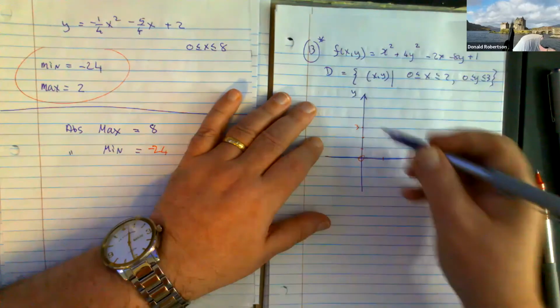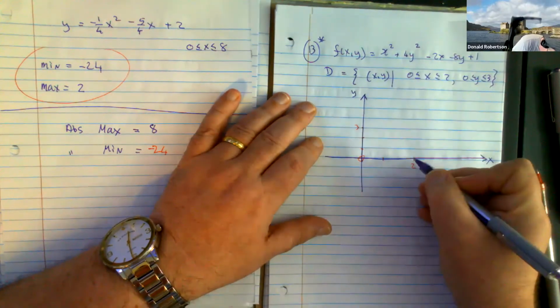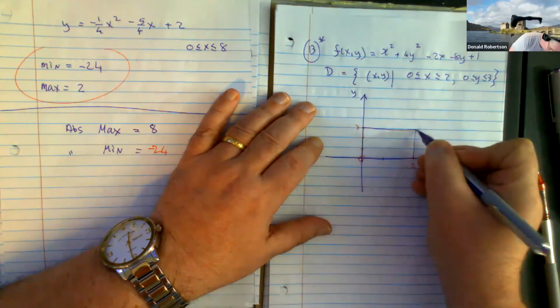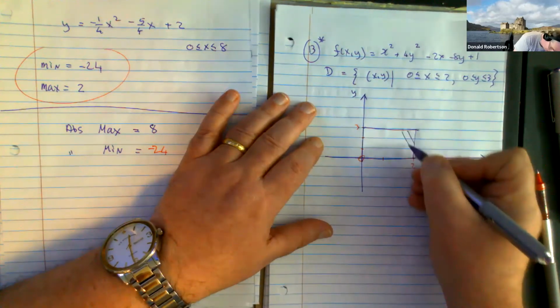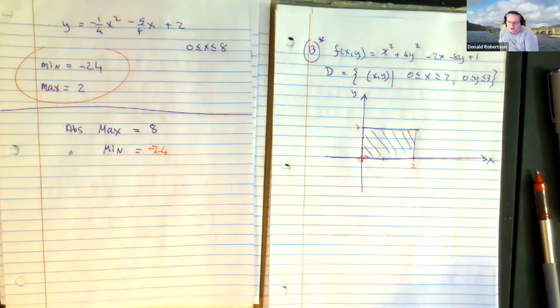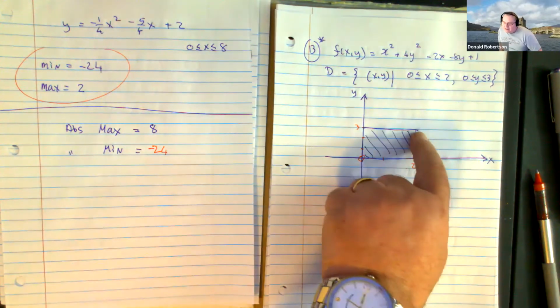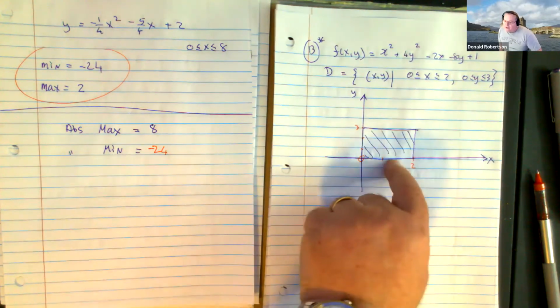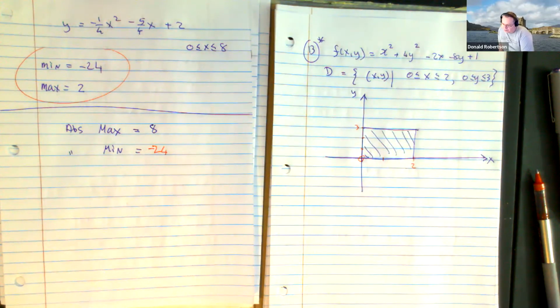So if we're thinking of what are we talking about, aren't we basically talking about this rectangular region? But we're also talking about the entire region. In other words, even points inside the rectangle as well. So that's an extra issue to deal with. Right?